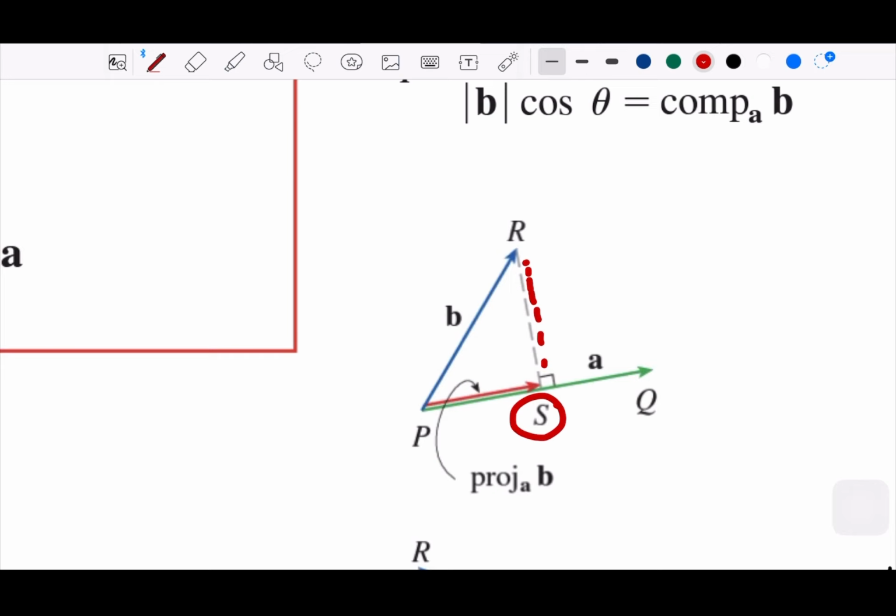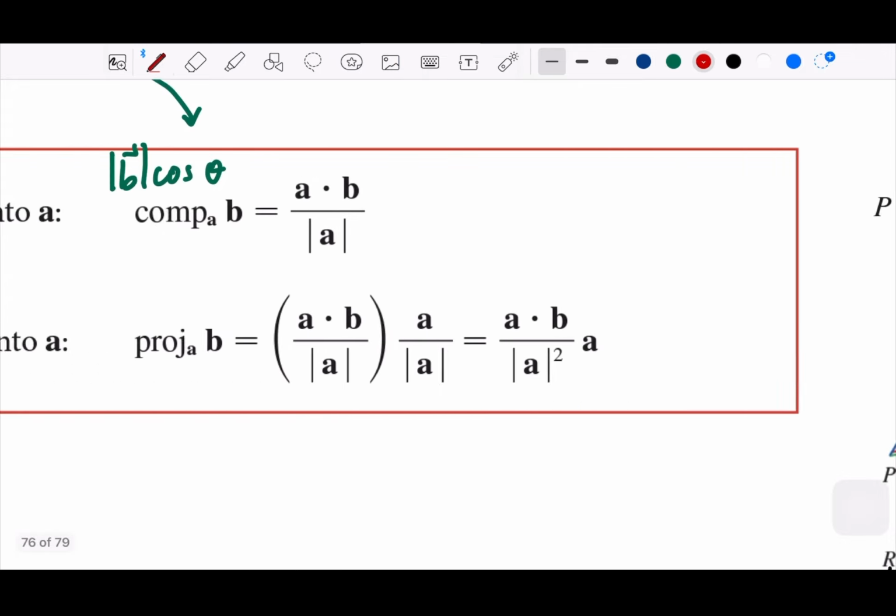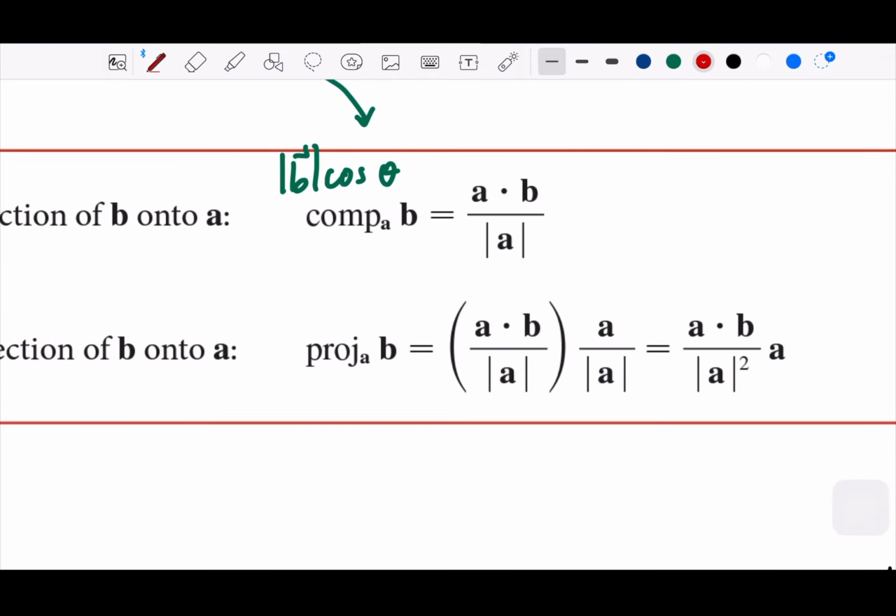So the beginning is vector PQ. Now it's vector PS. And now we can make this into this. So actually this part is the same, right? But we need to multiply with the unit vector A. So we need to multiply again with the unit vector.